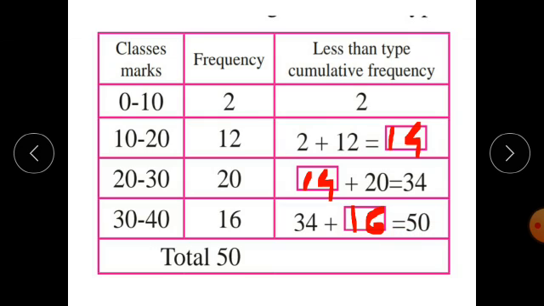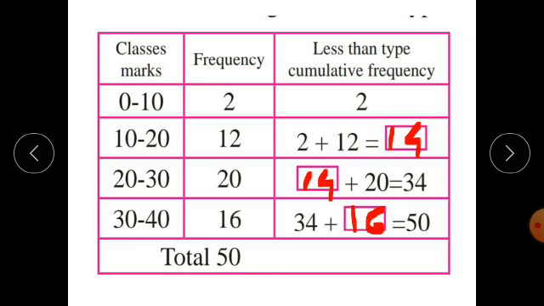Students, the sum of the frequency of a certain class and all the frequencies of previous classes is called cumulative frequency less than the upper class limit for that given class.